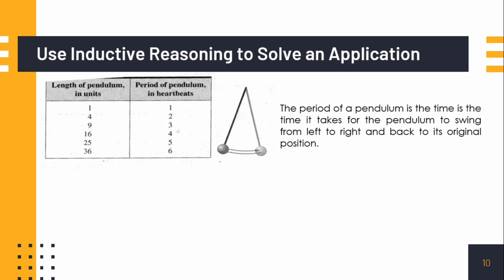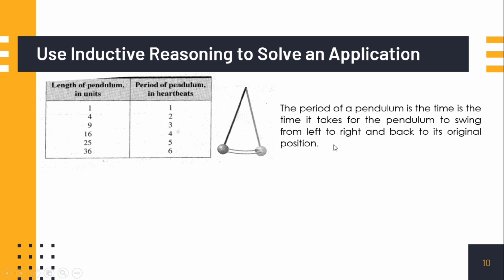One of the scientists, Galileo Galilei, measured the periods of pendulums in heartbeats. As you can see, we have data here. This is the length of the pendulum in units, and this is the period of the pendulum in heartbeats. The period of the pendulum is the time it takes for the pendulum to swing from left to right and back to its original position.